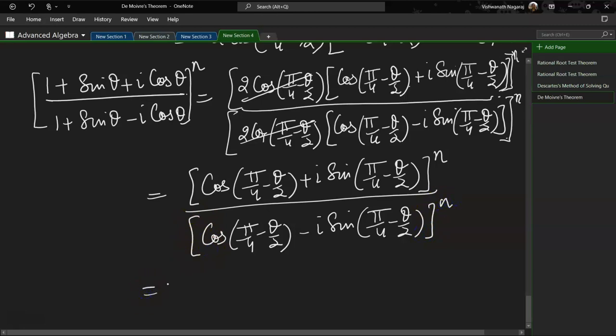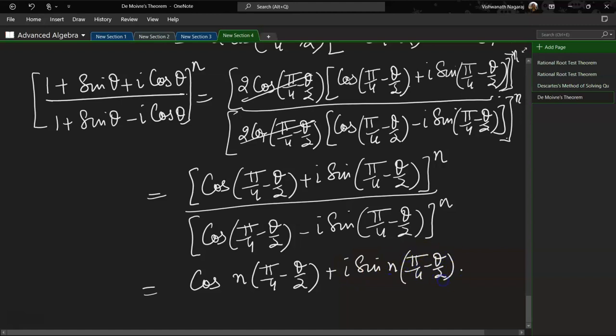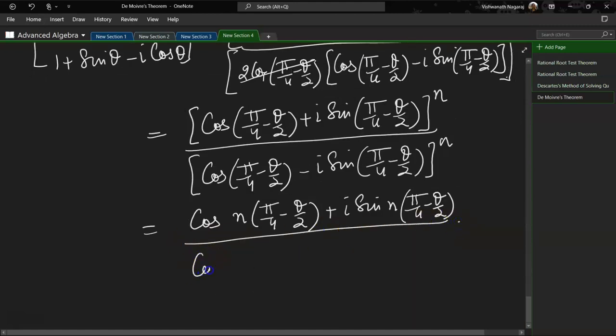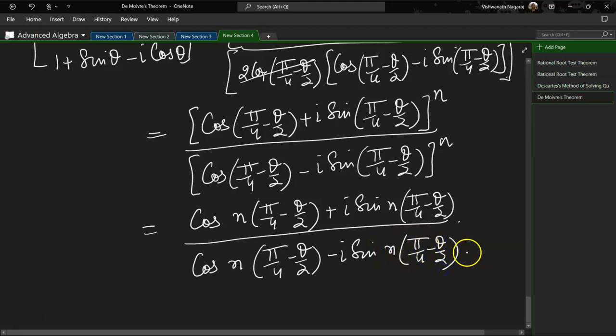And again we apply the De Moivre's theorem. What do I get? I get cos n (pi by 4 minus theta by 2) plus I sin n (pi by 4 minus theta by 2) divided by cos n (pi by 4 minus theta by 2) minus I sin n (pi by 4 minus theta by 2).